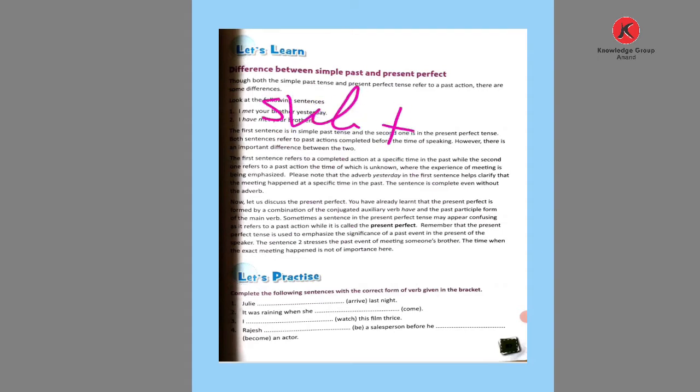Subject plus have or has, then past participle, then object plus other words. So this is the structure and difference between these two. The present perfect tense is used to emphasize the significance of the past event in the present of the speaker.